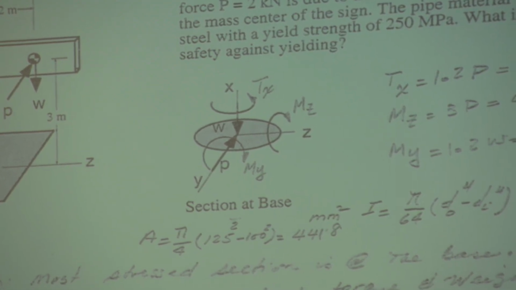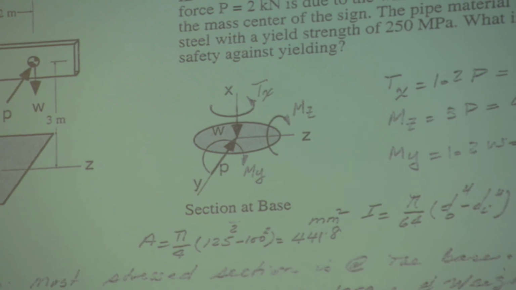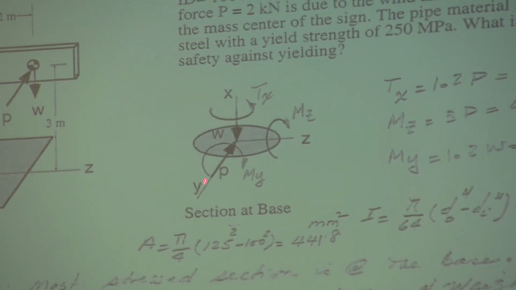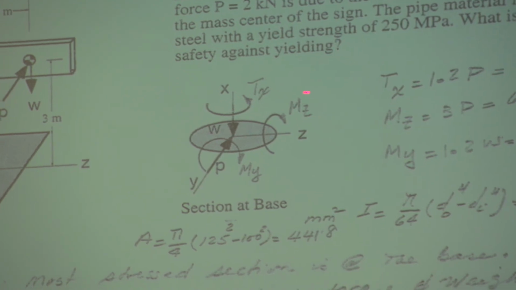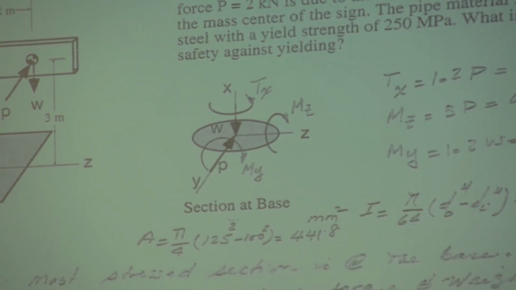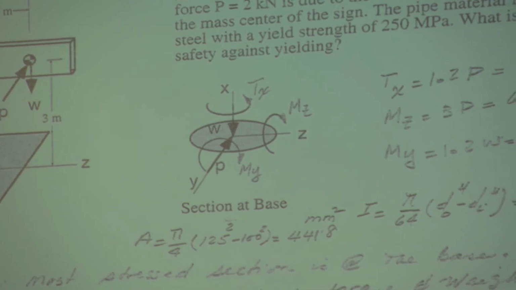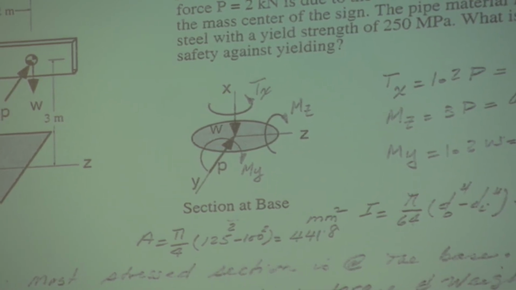In order to find where the maximum normal stress acts, you must combine the two bending moments, My and Mz. You must combine them. It is not whichever is larger. They are both acting at the same section.